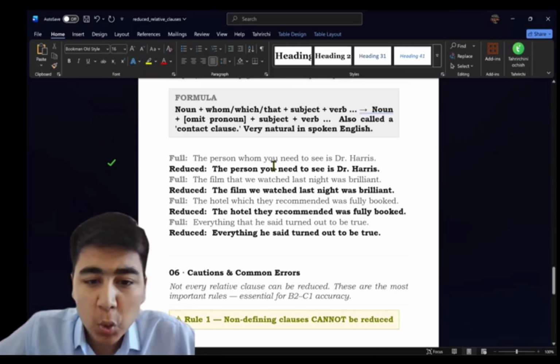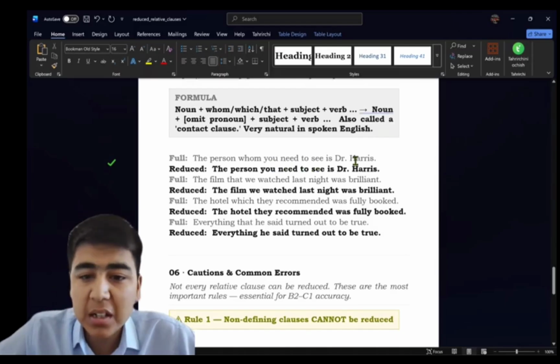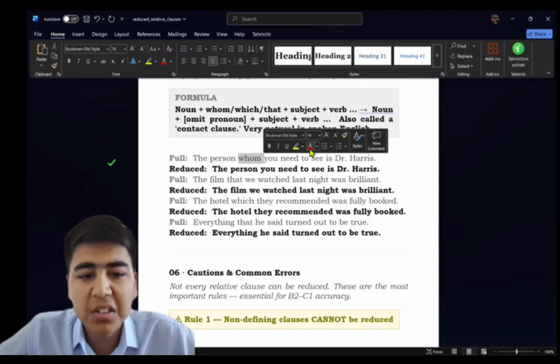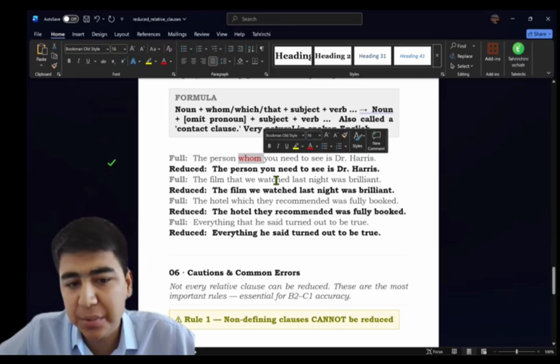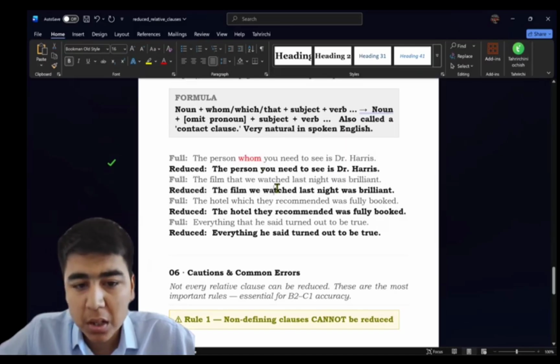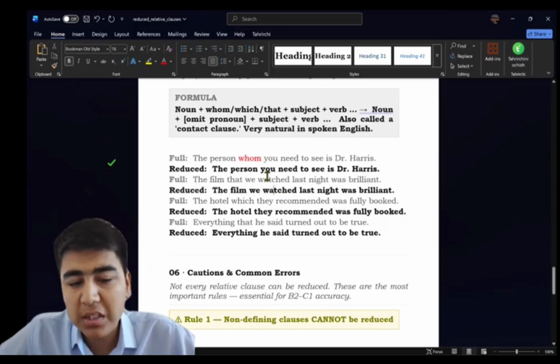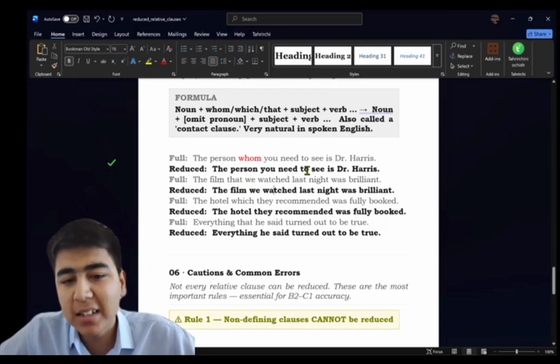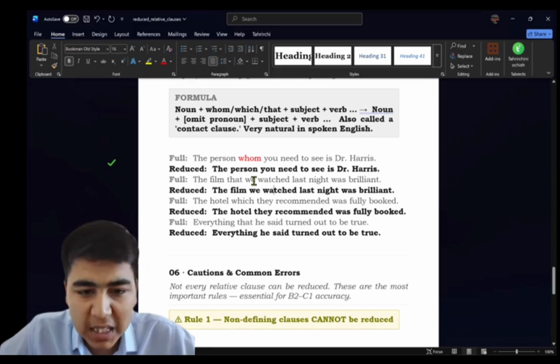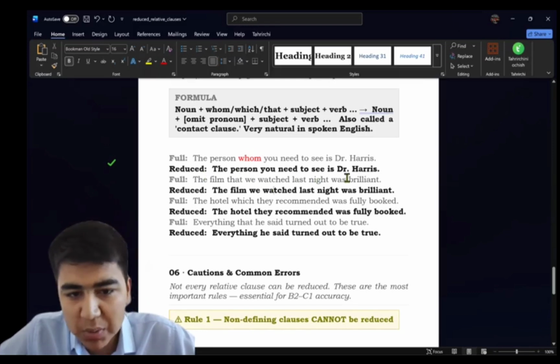The person whom you need to see is Dr. Harris. Here we can delete this part, whom. It's not necessary. The person you need to see is Dr. Harris.